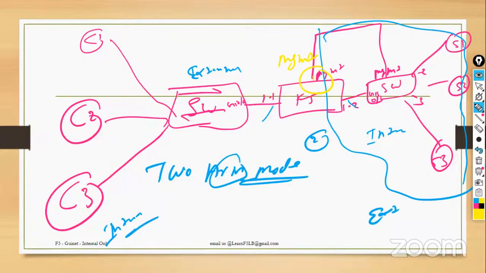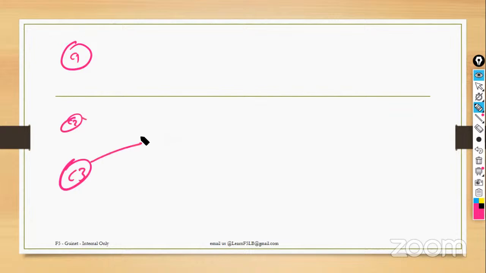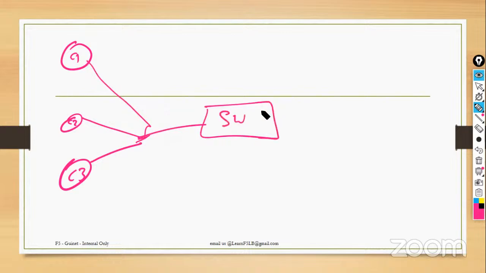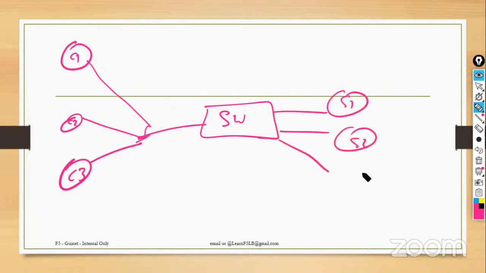But if we come to this topology, client one, client two, client three, these are all connected, and here you have the switch, and here you have server one, server two, server three. Here you have something like the management switch.